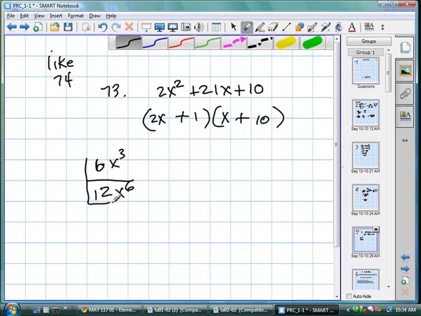Well, you just break this into two parts. 6 over 12 is just 1 over 2. And then what's x cubed over x to the 6? Keep the base and subtract the exponents. So you could write this answer like this, or you could write it like this.